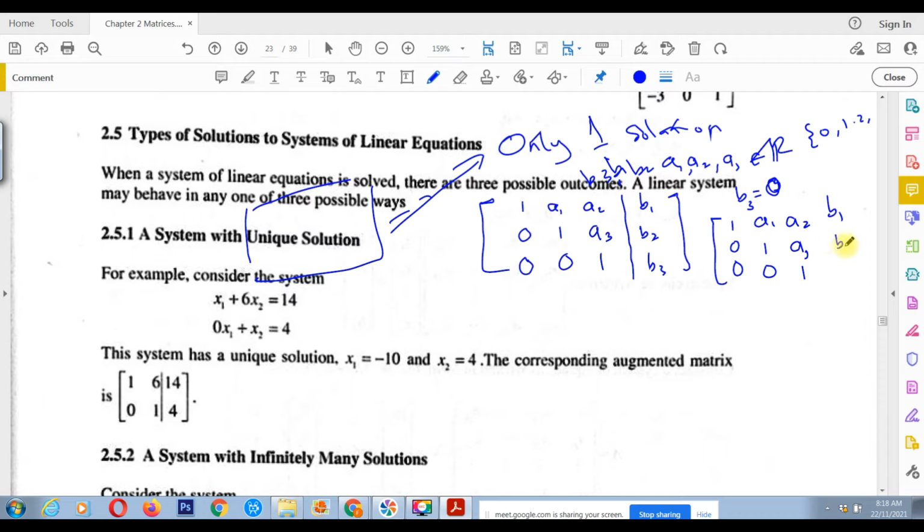B1, B2, 0. So is it similar with this matrix, which represents a unique solution, only one solution?